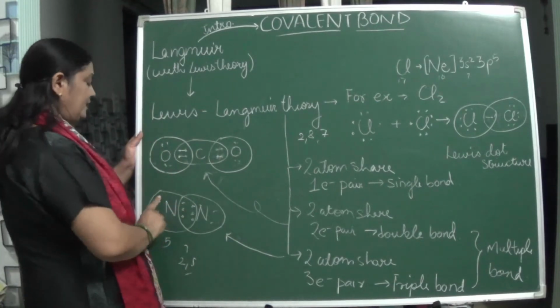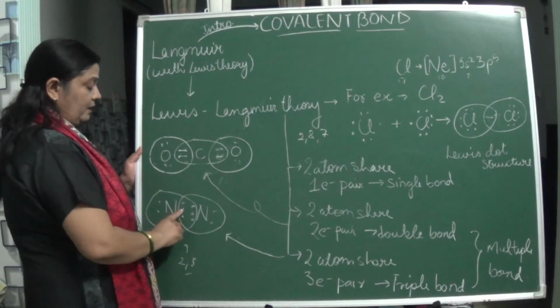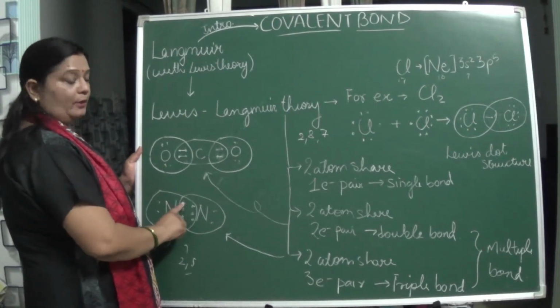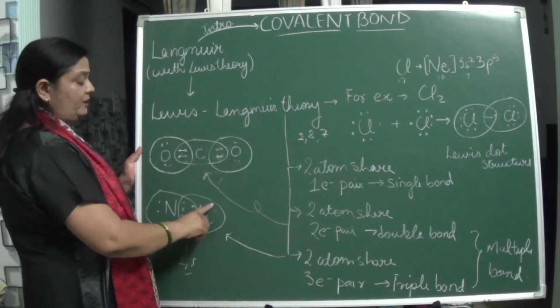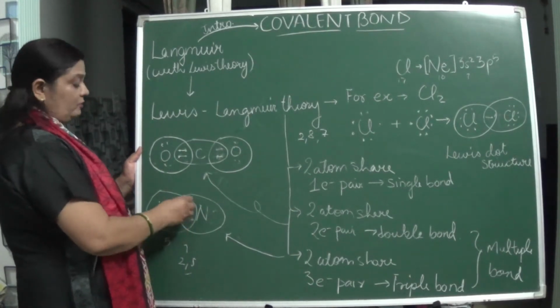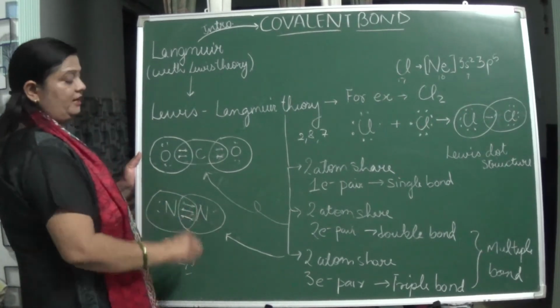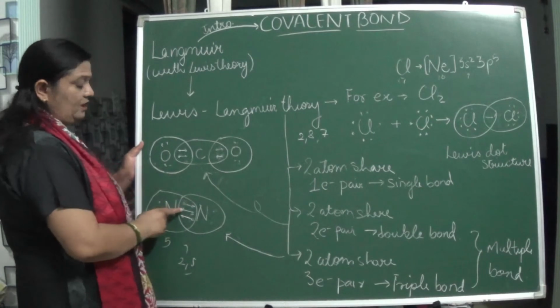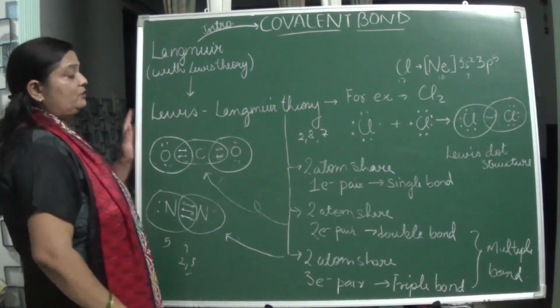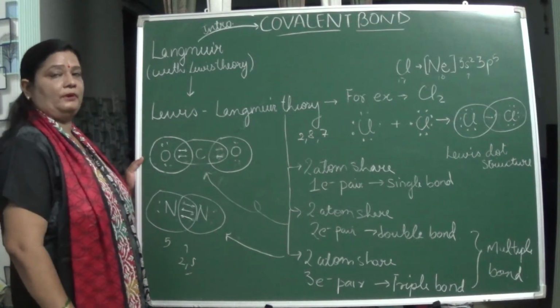Here you see 2 electrons are free in nature, but the 3 electrons are taking part in bond formation. Here also from nitrogen 2 are free and 3 take part in bond formation. Naturally here 3 pairs of electrons are being shared, and as a result a triple bond forms. So there are 3 types of covalent bond: single bond, double bond and triple bond.